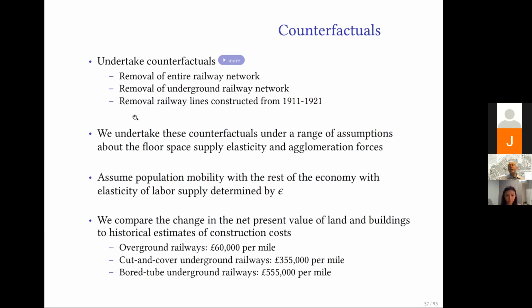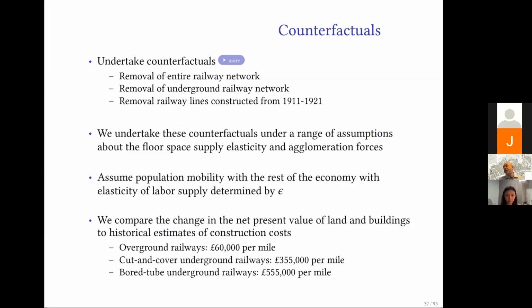As I highlighted, we'll undertake these counterfactuals under a range of assumptions about other model parameters, such as whether floor space responds endogenously or whether there are agglomeration forces. And when we do these counterfactuals, we'll allow for migration between London and the rest of the economy at a rate determined by one of the model's parameters, epsilon, which controls the elasticity of commuting flows to commuting costs.